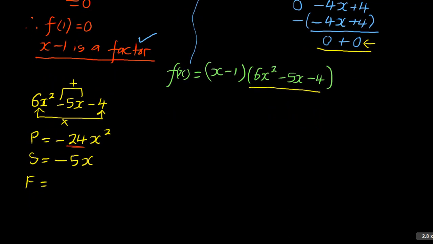The factors of 24 are 1 times 24, 2 times 12, you start with the smaller numbers, 3 times 8, 4 times 6, 5 won't do, and then it's 6 times 4. The moment you repeat the numbers, 4 and 6 and 6 and 4 is the same, it means you have exhausted all the factors. So now what you need to find out, you take your calculator.